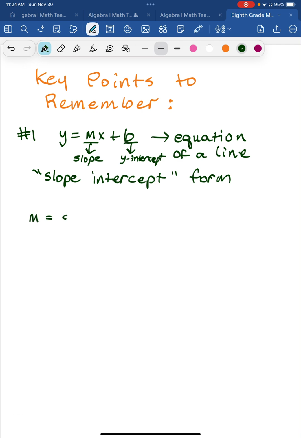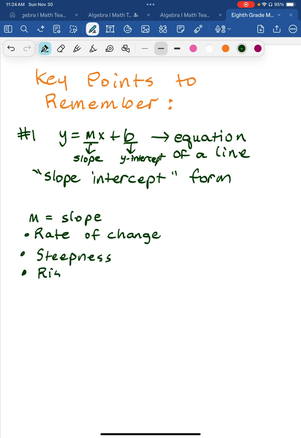M is equal to the slope. We can also call slope the rate of change. We can call it the steepness of the line. We can call it the rise over the run.